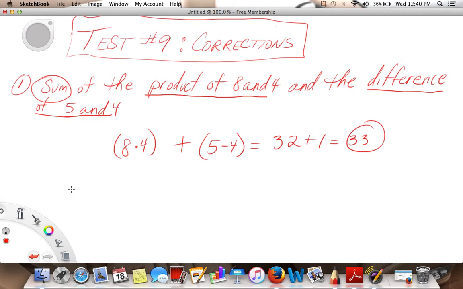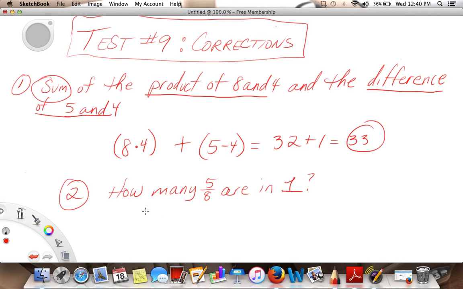Now number 2 was blank, and number 2 was actually, the question asked how many 5/8 are in 1. Okay? How many 5/8 are in 1?